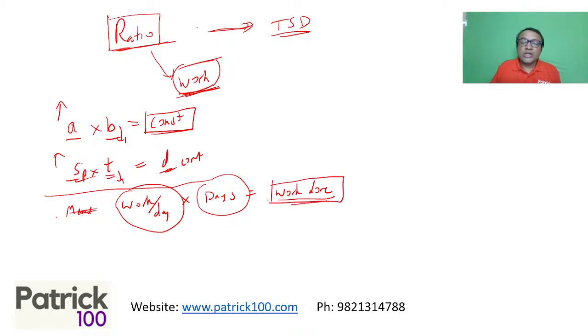Okay, that is one concept which is there. Now this total work done is normally constant. So in work sums, the work done is normally constant, which means work done per day and days are inversely proportional. Work done per day is also called efficiency. Work done per day and days are inversely proportional because work done is normally constant.